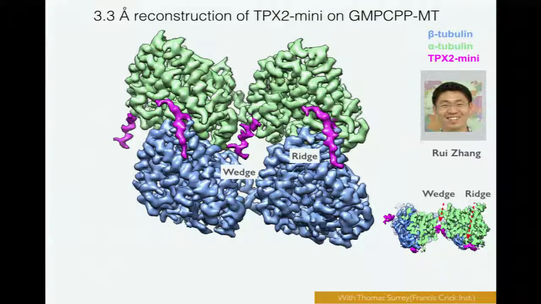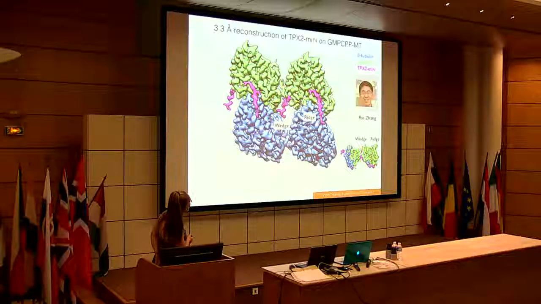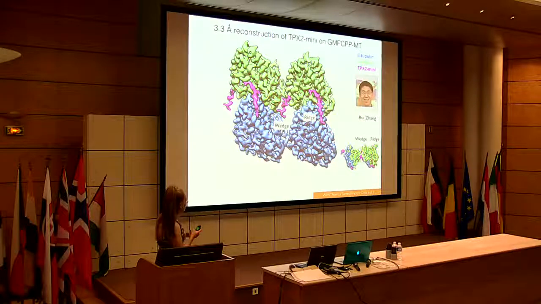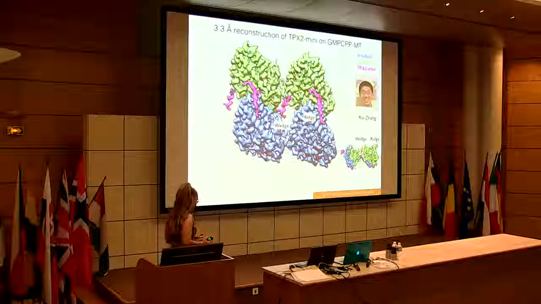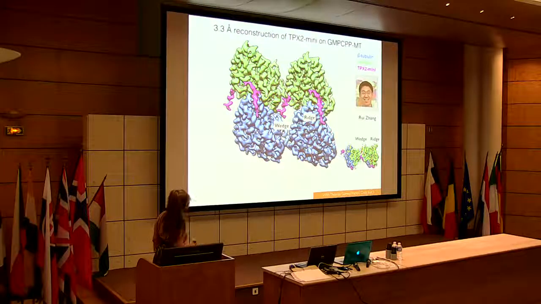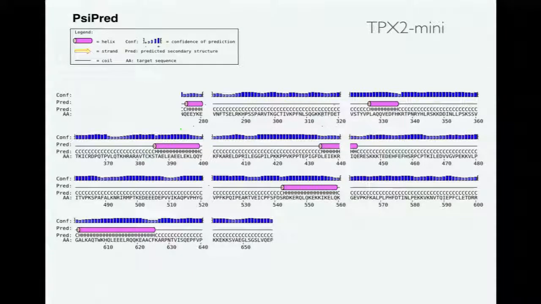If I turn this around, so the microtubule will be going like this. This is the wedge. It really is wedging between two protofilaments, and this one is in the very, very crest, the very ridge of the protofilament. So that's the names. So the resolution here is 3.3, and just based on the position of big side chains and structure predictions, we proposed, but we weren't 100% sure, that the mini and the structure prediction corresponded to those regions.